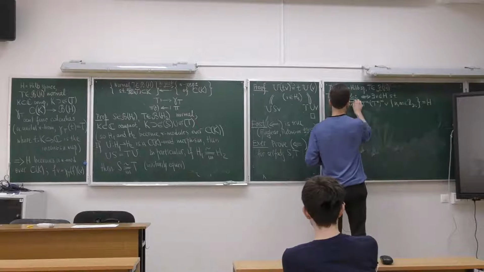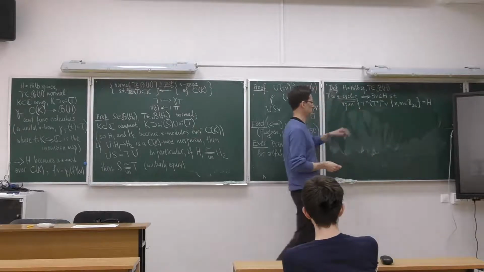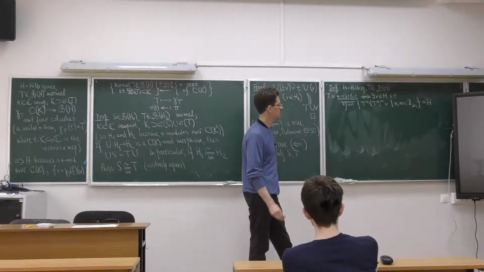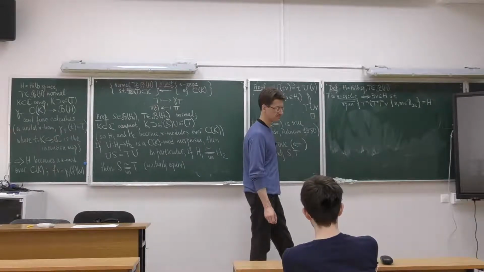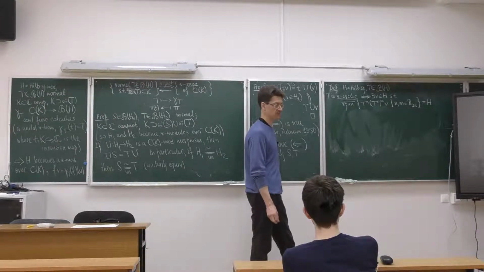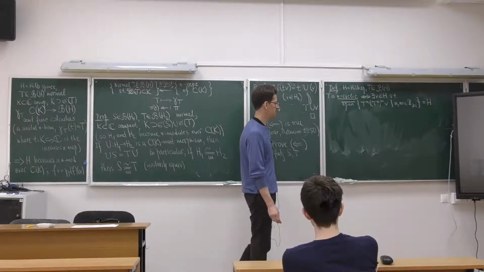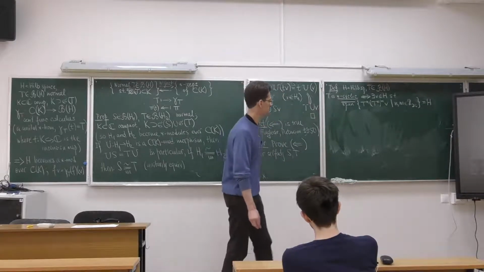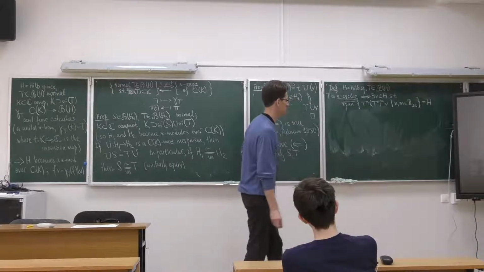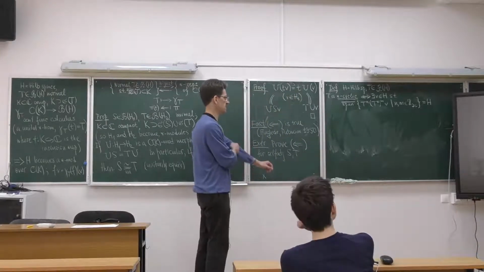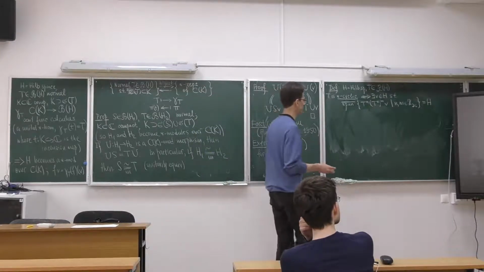So what is this? Actually, it's easy to see that the closure of this linear span is the smallest closed subspace which contains v and which is invariant under both T and T star. So if this subspace is equal to H, then we say that T is a star cyclic operator.